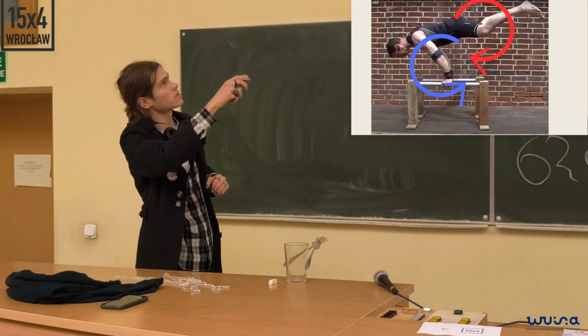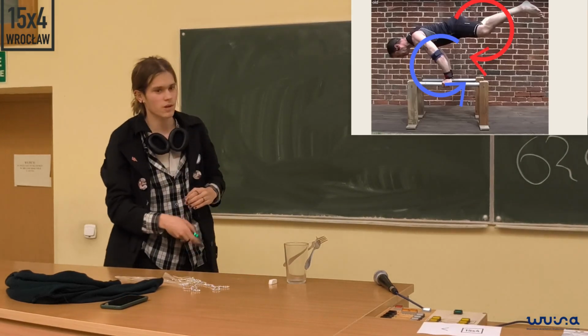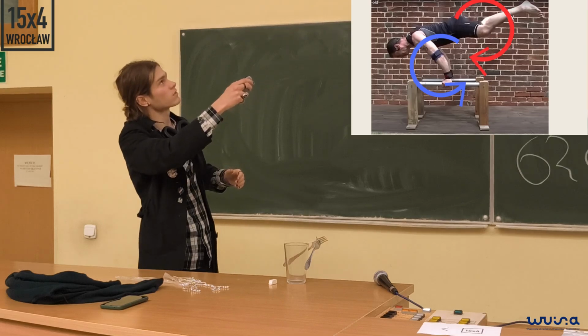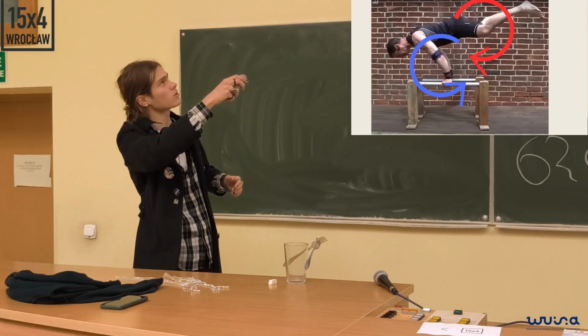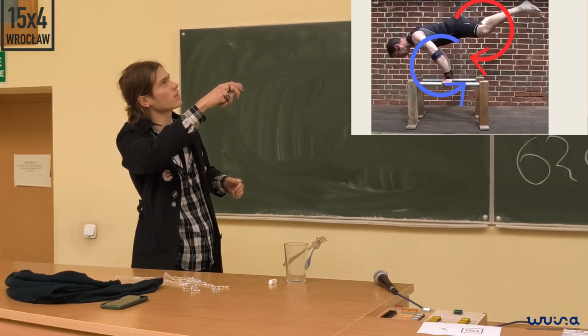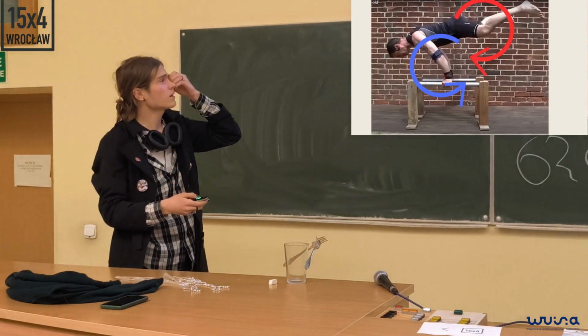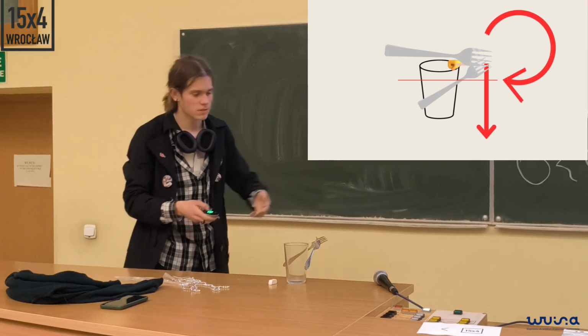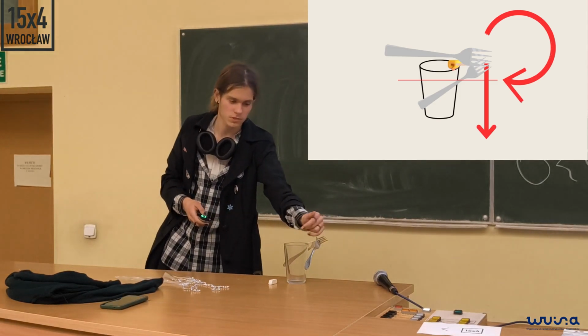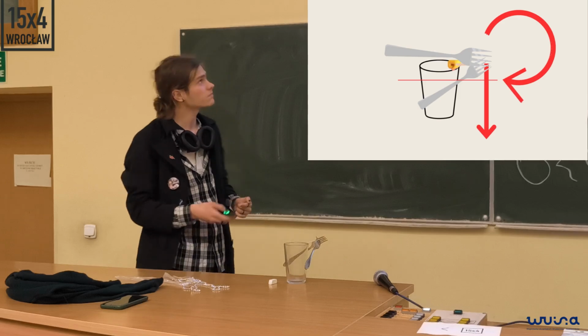So gravity is trying to rotate him in that direction, and his arms are trying to rotate him in the opposite direction. It balances out, and this athlete stays. He doesn't fall. A similar thing happens here with the spoons and this toothpick.